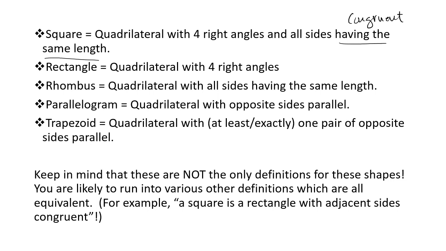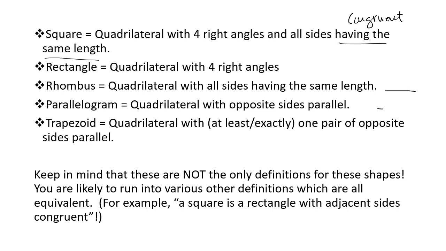So that's a square. Now, a rectangle is a quadrilateral with 4 right angles. So as soon as we have 4 right angles, that's sufficient to make it a rectangle. A rhombus is a quadrilateral where all the sides have the same length. We also have a parallelogram, which is a quadrilateral where the opposite sides are parallel.